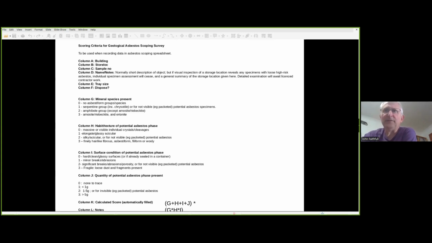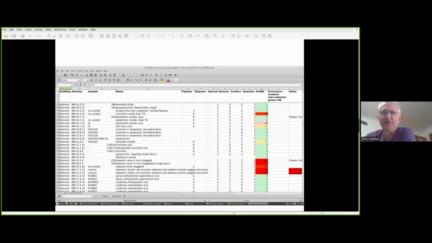And so after going through these kind of scoring procedures with a little spreadsheet for specimen, you wouldn't need to necessarily do this on a specimen by specimen thing, but it's handy to think about this in this way. So what species are present, what's the texture and habit of the species, what's the surface condition and the kind of looseness of the material, and then you can produce a little colour graded score as to whether things need treating as asbestos or not.